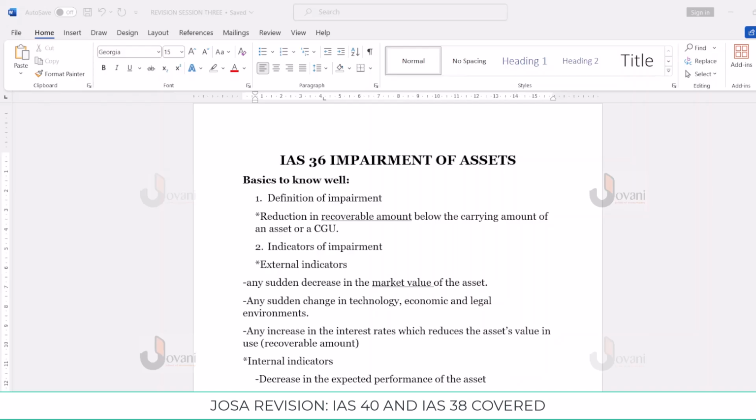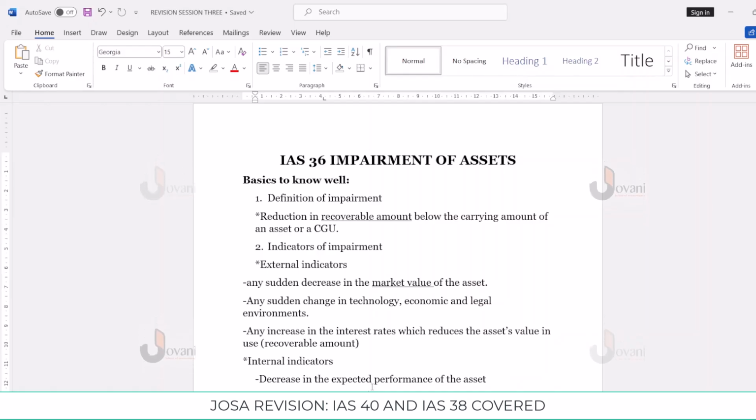So any sign of damage to an asset is an internal indicator of impairment. Did you get my point, Florence? Any damage to an asset is an indicator of what?